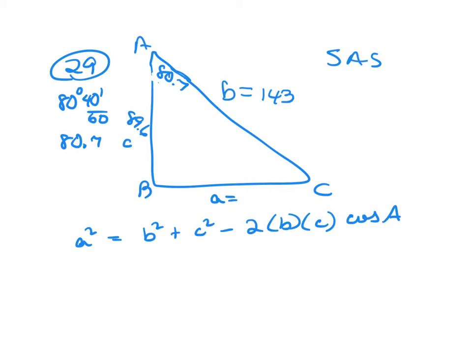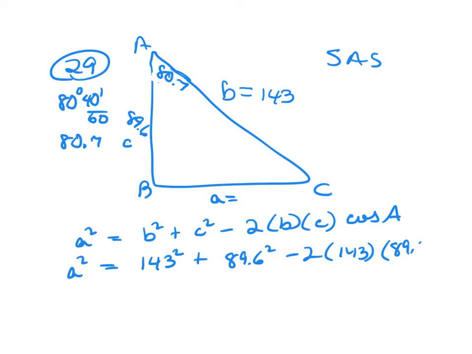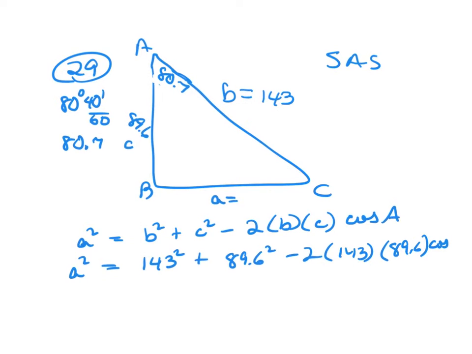This time you can do it continuously in your calculator: 143 squared plus 89.6 squared minus 2 times 143 times 89.6 times cosine of 80.7.